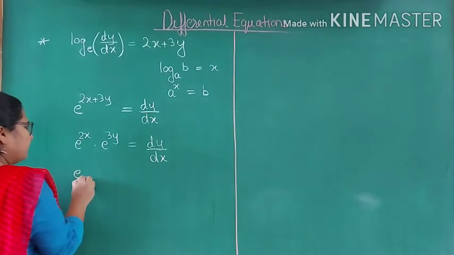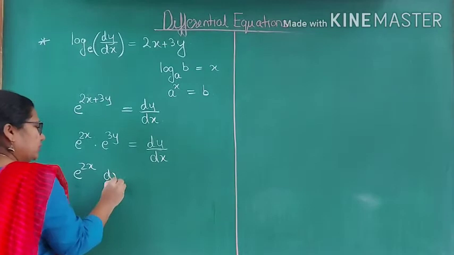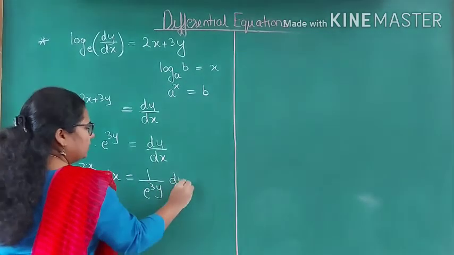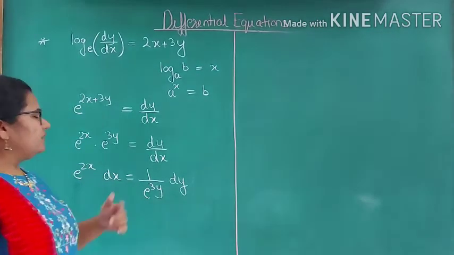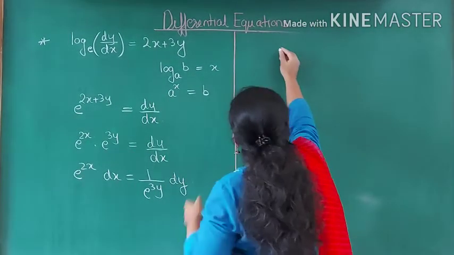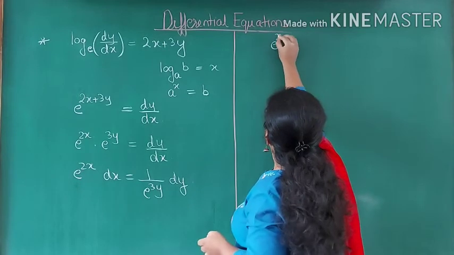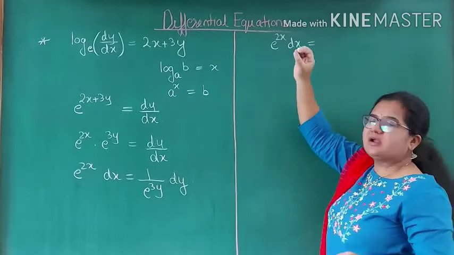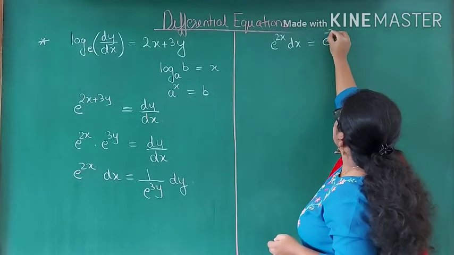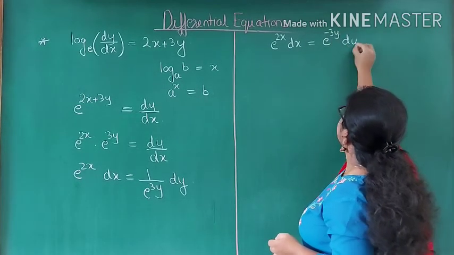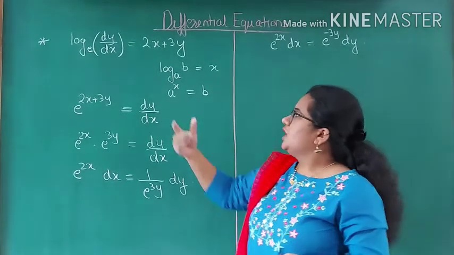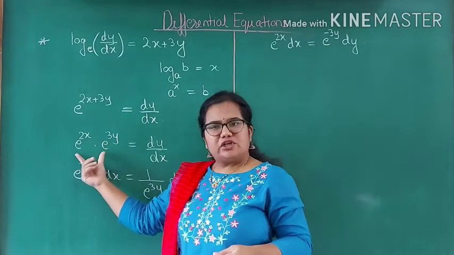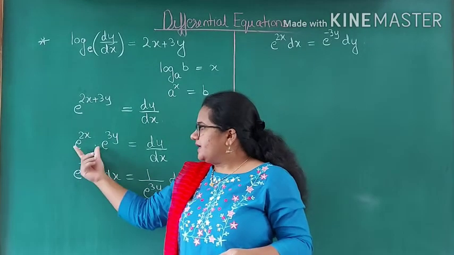So e raised to 2x into dx is equal to 1 upon e raised to 3y into dy. This has become the variable separation form. We can write this as e raised to 2x dx is equal to e raised to minus 3y into dy. Understood? Logarithmic form to exponential form, then using the law of indices, then separating the variables.